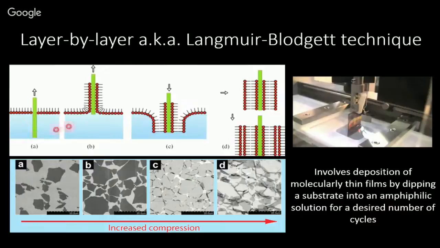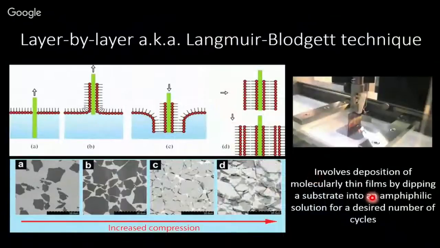It goes in and it goes out, and as it goes out, it absorbs these polar heads of these molecules. And so you can do it again. In that case, because the non-polar tails will be on the surface, it's going to absorb non-polar tails. So the number of times you plunge this substrate into the solution is going to determine the number of layers you're going to have.